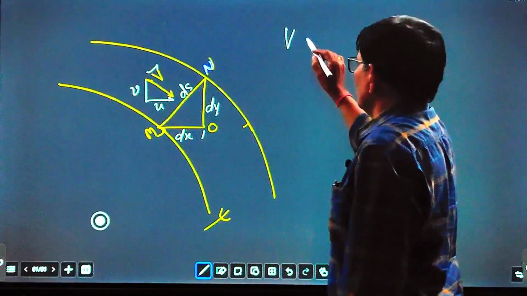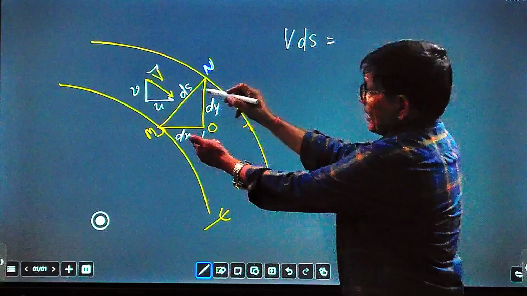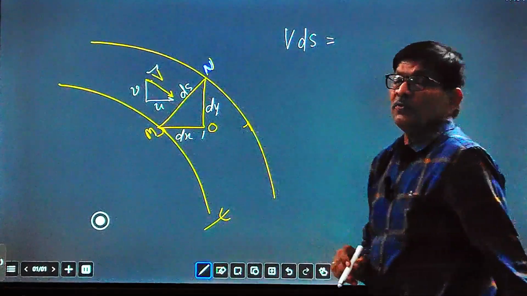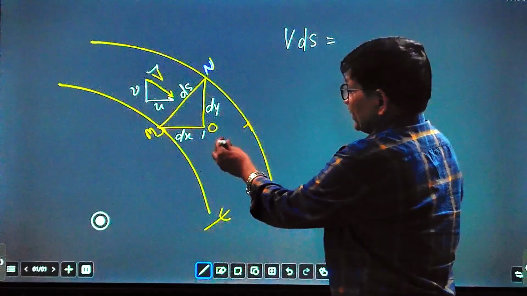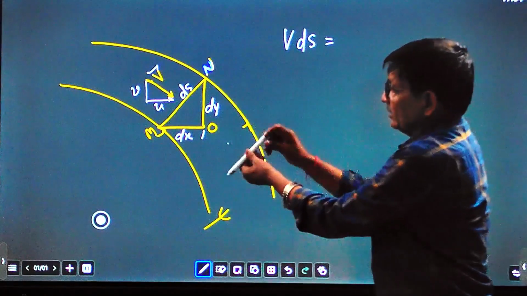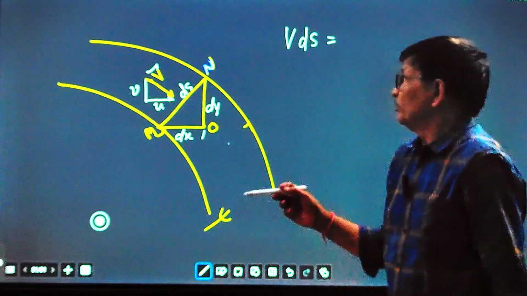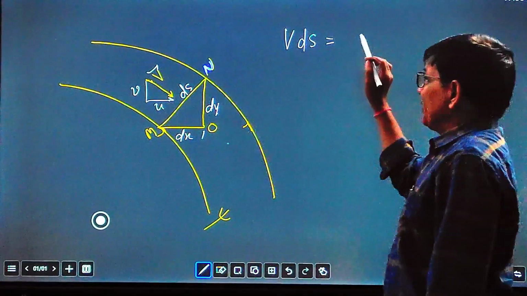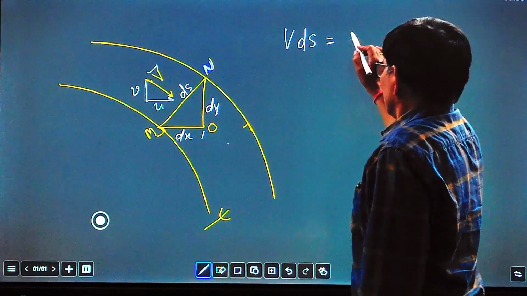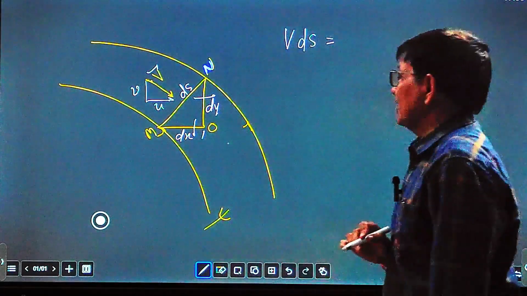So V into ds means flow across MN, per unit thickness, because in this direction we are taking the thickness as unit. V into ds is an area, meter square per second. So V into ds equals the flow across MO and the flow across ON.